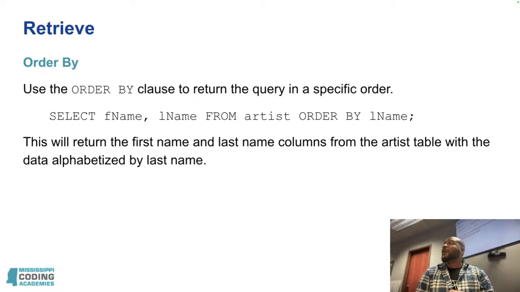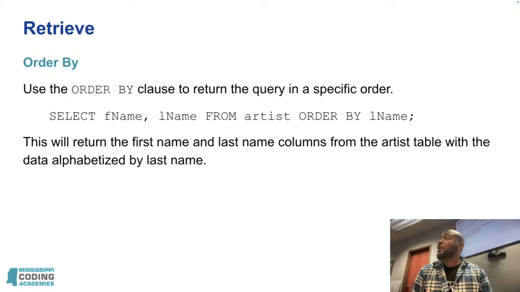If we want to query based on a specific order, we can do that, because right now when we're selecting the data, or when we are making a query, the results are popping up based on the order that they're listed, so essentially the ID number of the row.